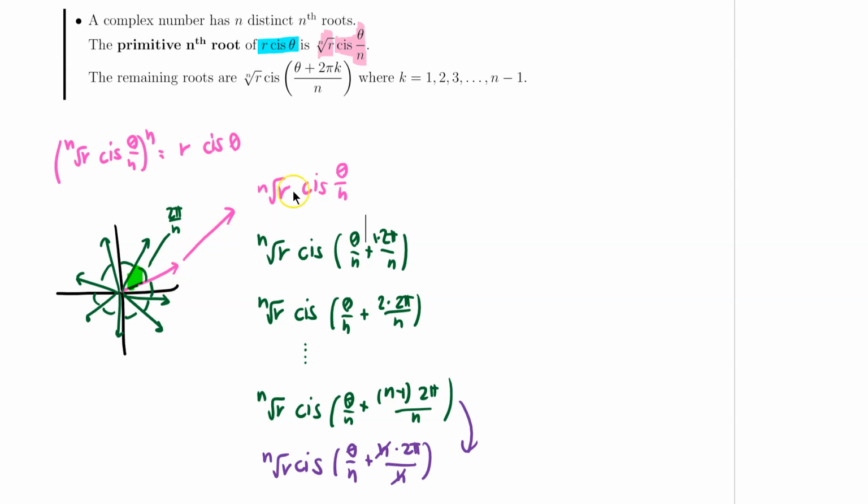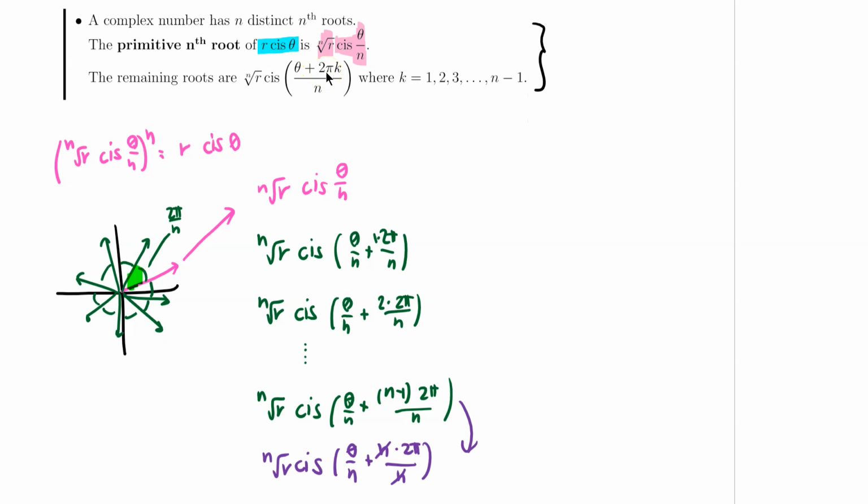And also, we can combine these two things together. But instead of starting k with 1, I'm just going to start k at 0, because if k is 0, then it's just theta plus 2 pi times 0, which is just theta.